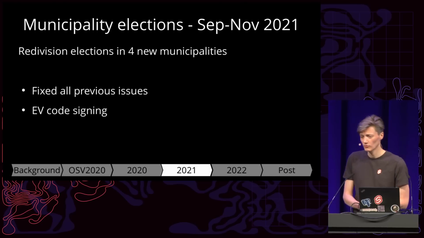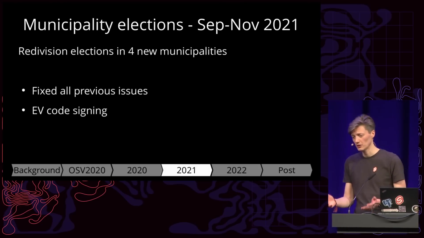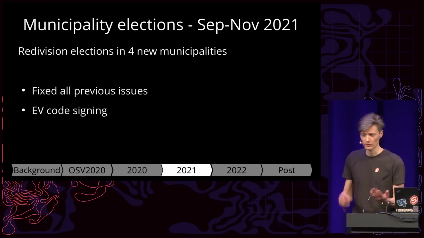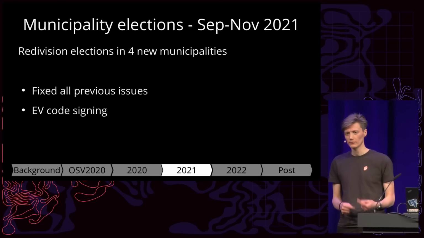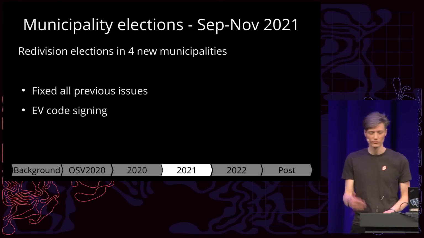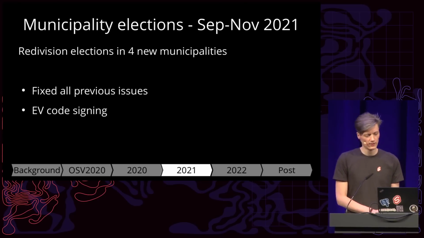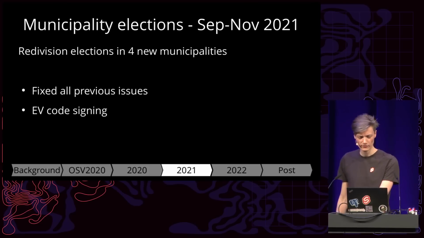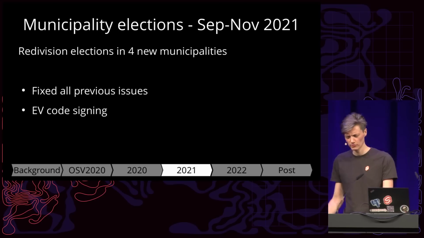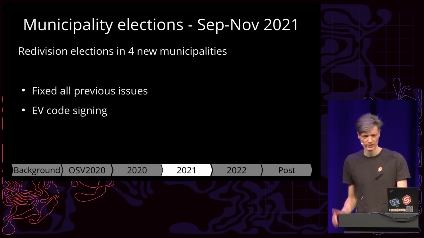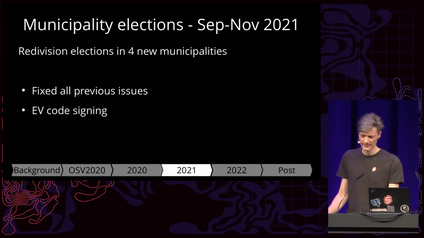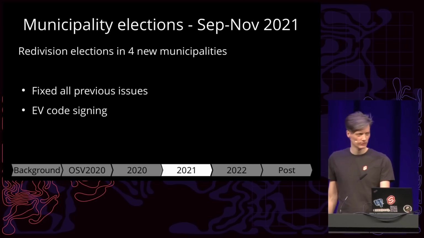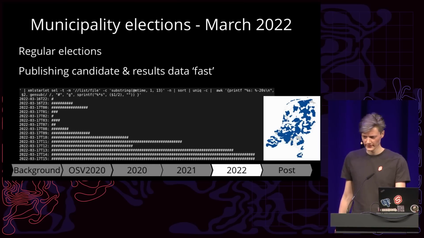Then we had the municipality elections, again the same year, right? So elections happen quite often, but you don't notice, at least 2 every year. There was another redivision of the elections for new municipalities, fixed all previous issues, some code signing, which was an issue we still had. It wasn't really easy to install and skip all checks.